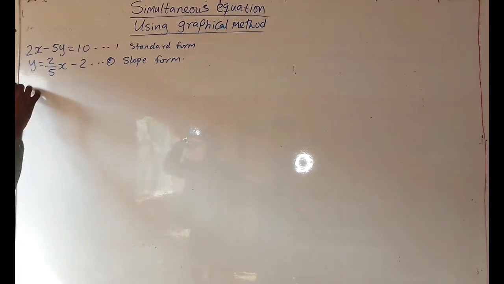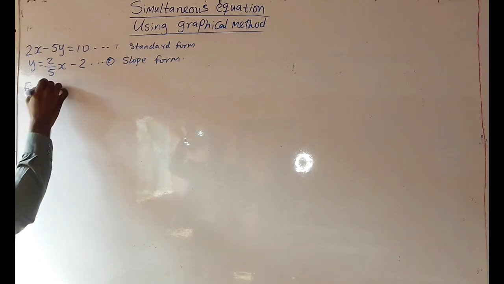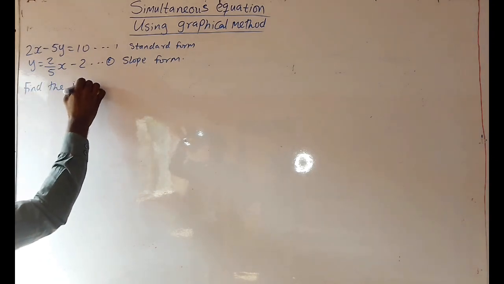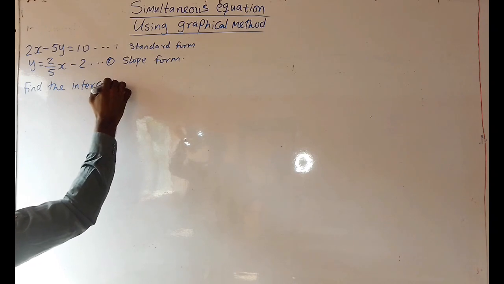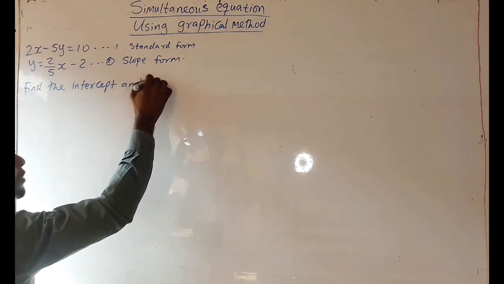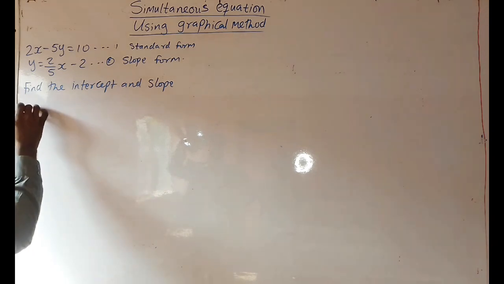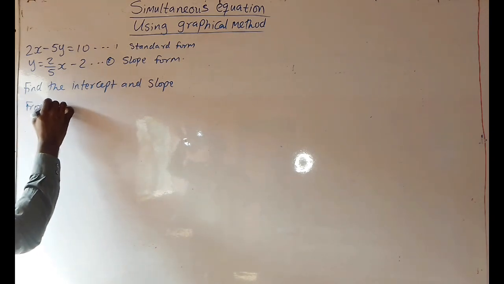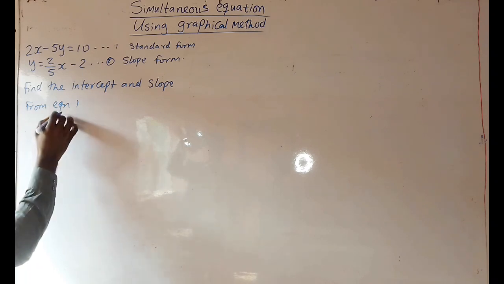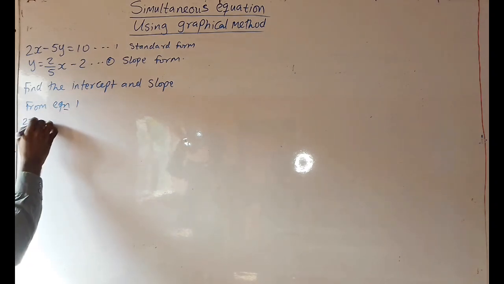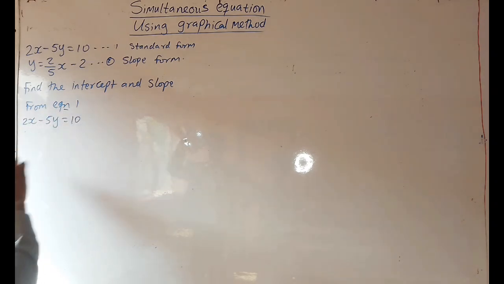Now, to solve this, you need to find the intercept and the slope. So, from equation 1, we have 2x minus 5y equals to 10.